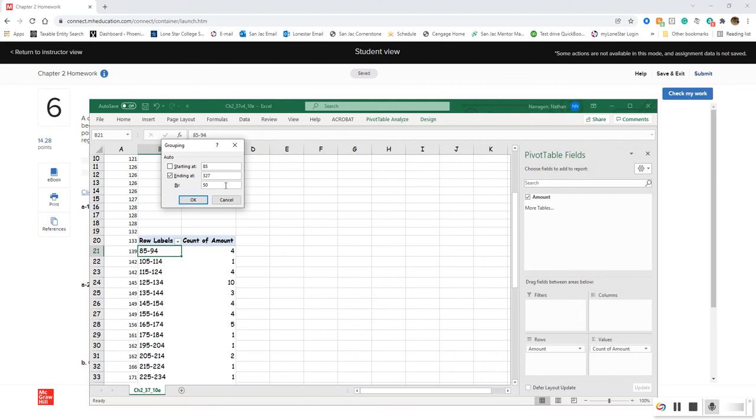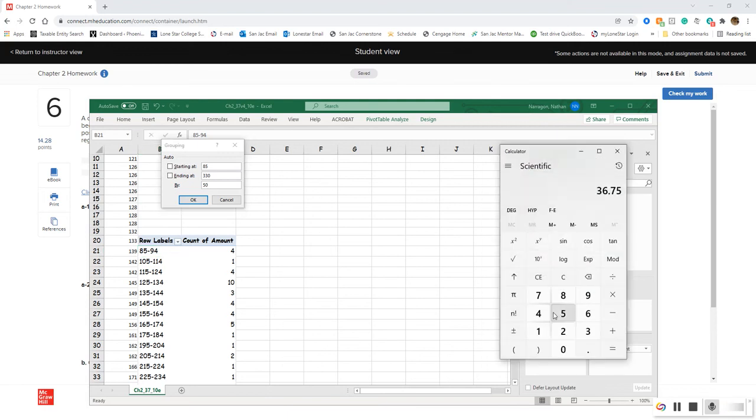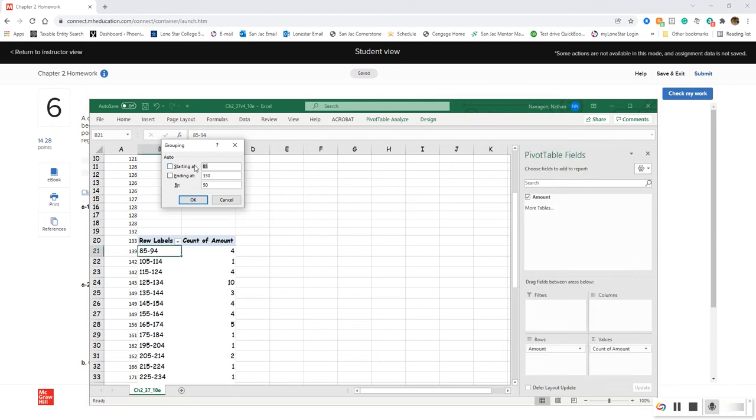So, starting from about 330 minus 50, that's 1 class, 2 class, 3 class, 4 class, yeah, 80, I was right.